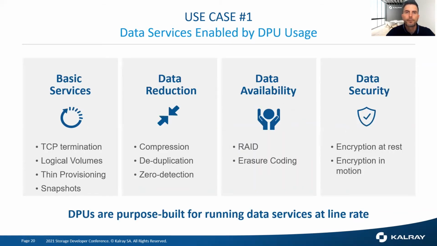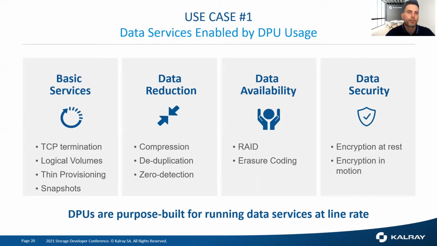So in terms of data services, let's go a little bit more into the details of all the data services that are needed to make a storage node, let's say an NVMe-oF storage node. There are some basic services like TCP termination for NVMe-oF TCP, which takes quite a lot of software processing.